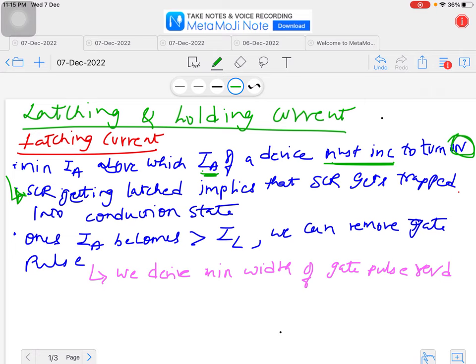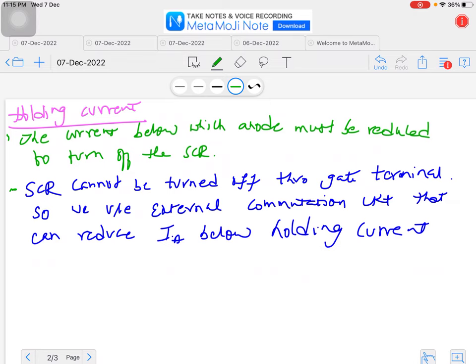Then what is the holding current? Holding current is a minimum current below which the anode current must be reduced to turn off the SCR. So if the device is to be turned off, you just have to bring the anode current below a value called holding current.